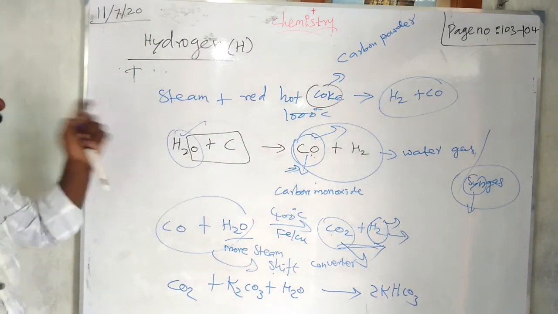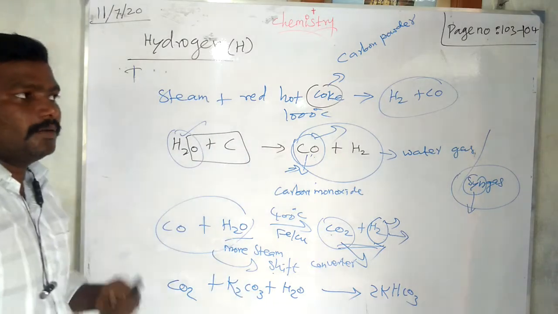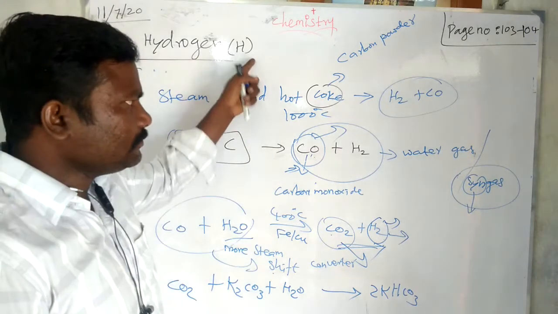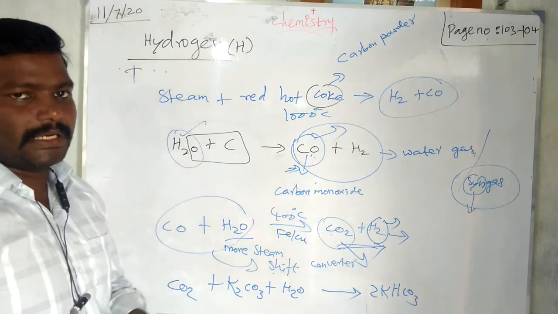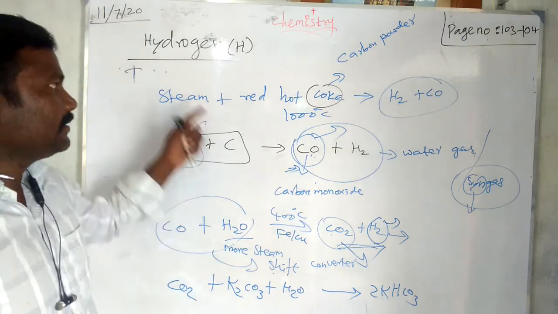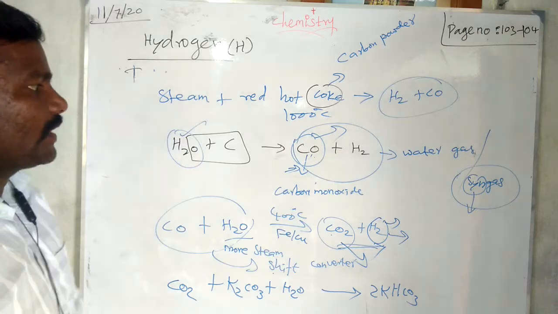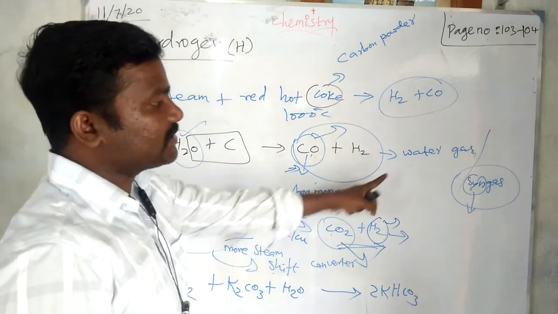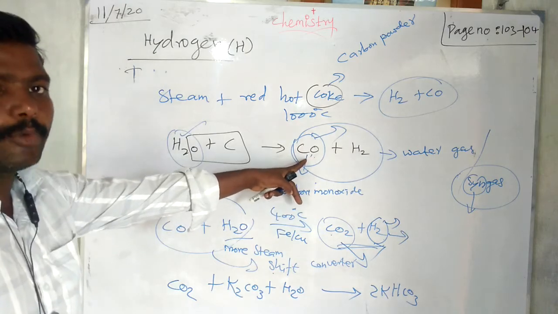Again I am saying, here we are using two methods to prepare the hydrogen. One, steam with a catalyst in the presence of iron or nickel, right? The second one, steam we are passing through the red hot coke, right? We will get some mixture of gases that is called water gas or syngas. In that we want to remove the carbon monoxide.